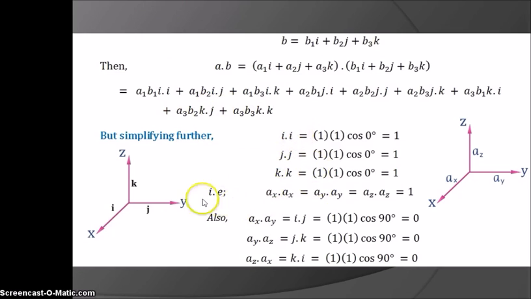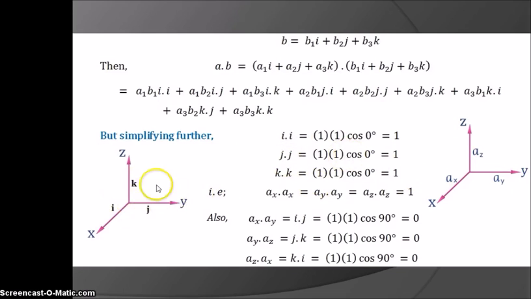First of all, what is ijk? ijk is nothing but unit vectors. This ijk is another way of saying ax, ay, az. So you can either say i, or you could say ax; you could either say j, or you could say ay; and you could either say k or say az.